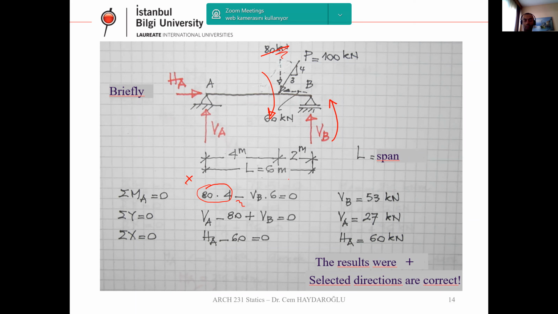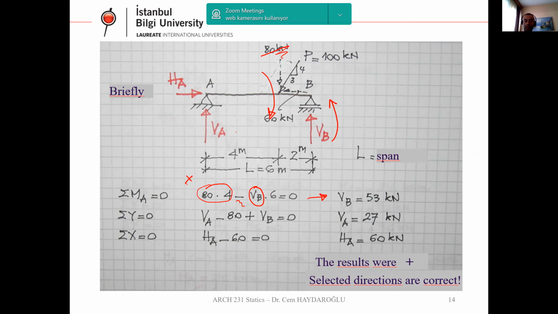So I'm using the moment equation here. I have only one unknown in this equation, so it's easy to calculate. VB is 53 kilonewton. That's okay. Then total y equals 0.